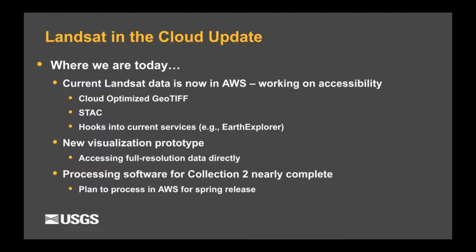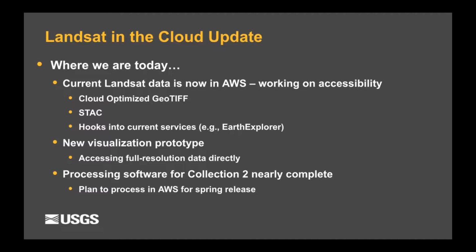With our next collection processing, which I'll get into a little bit later, there are going to be multiple levels of those 9 million scenes. So it's a lot of data to sift through. You need to have an easy way to do that, and STAC provided that capability. I'm not going to go into all the nuances that Matt went into, but I think it is going to be a huge deal towards getting better access to the Landsat archive.